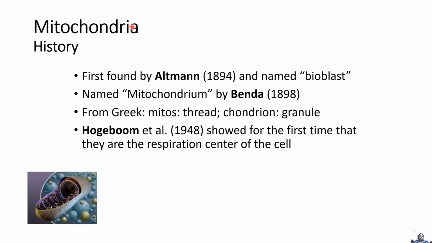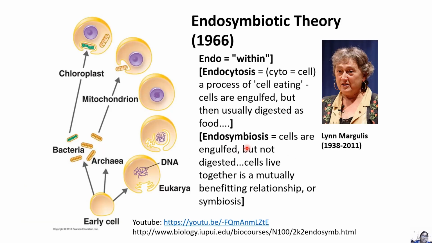The mitochondria, if we go into the history, was first found by Altman and then named bioblast. It was named mitochondria much later, and basically this person showed for the first time that they are the respiration center of the cell. Then we talk about the endosymbiotic theory.